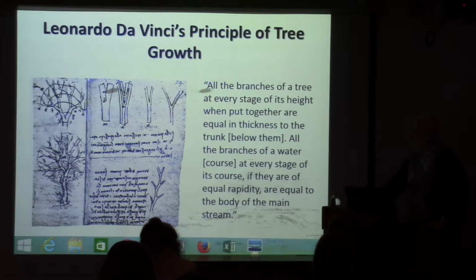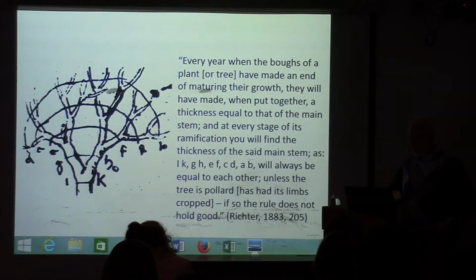So that all the branches of a water course, for example, he's comparing this to a river, at every stage in its course, if they are of equal rapidity, are equal to the body of the main stream. Now, making this connection between water and branches becomes very important, although it's not clear that Leonardo actually investigated it or followed it up.